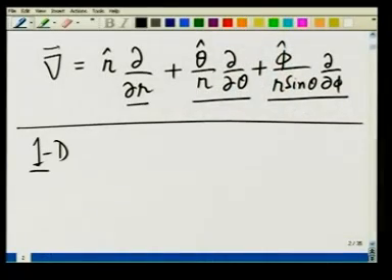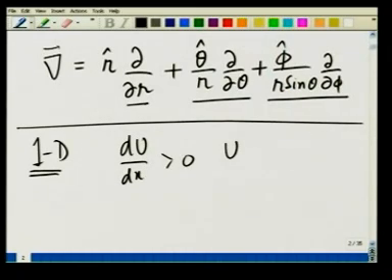Let us now try to get some feeling of this, because in one dimension it's quite easy. You've been thinking in terms of one dimension, so let's first say the 1D case. The familiar case is if du/dx is greater than 0, u increases with x.